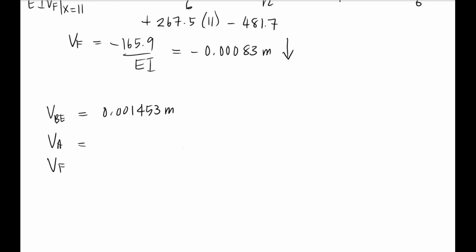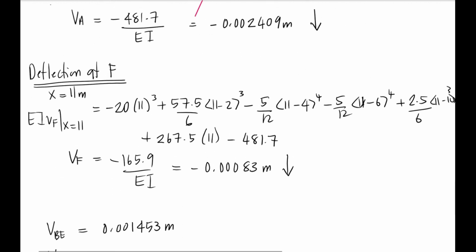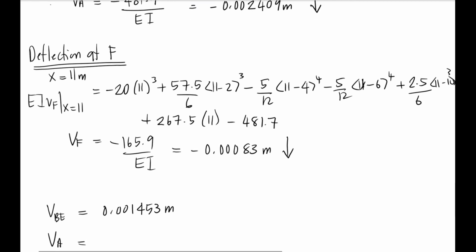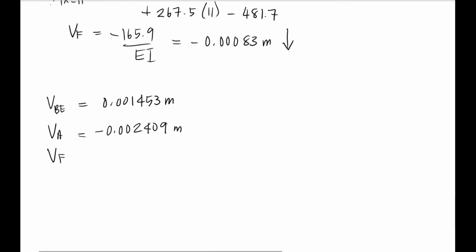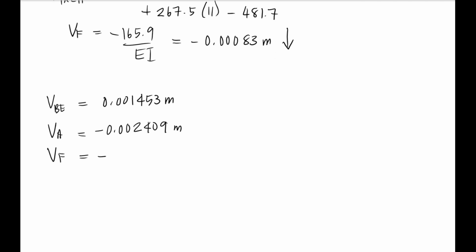For VA, negative 0.002409 meter. For VF, negative 0.00083 meter.